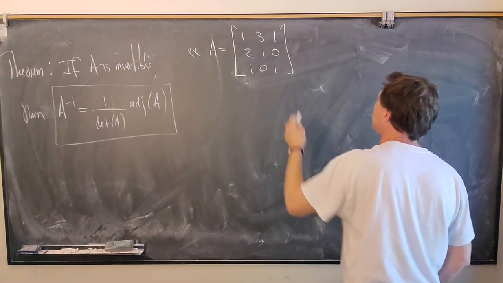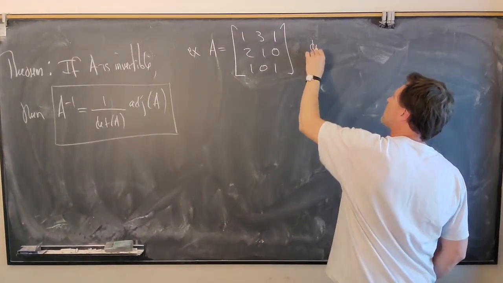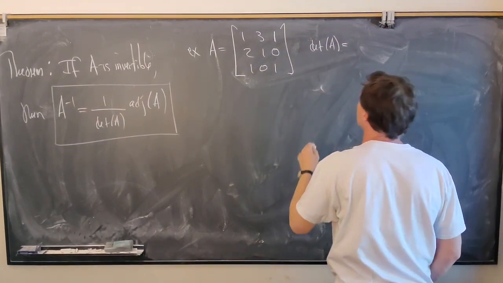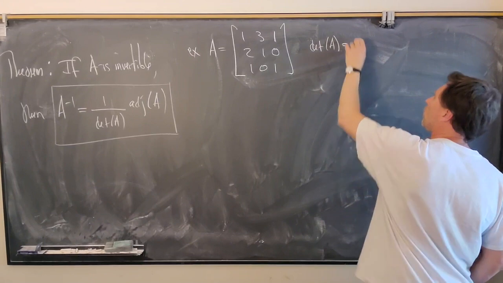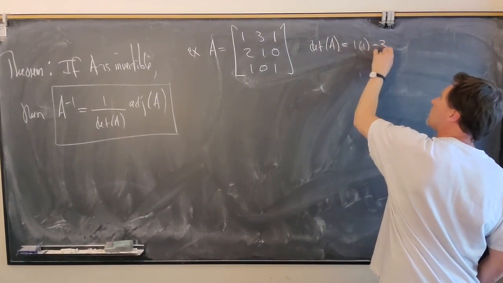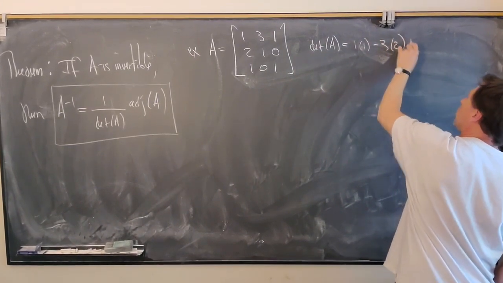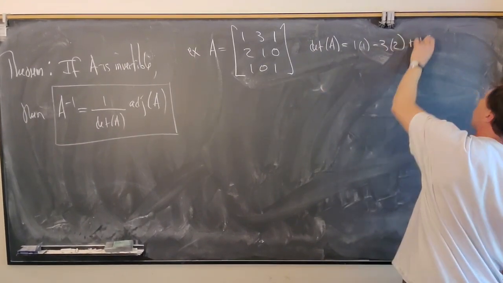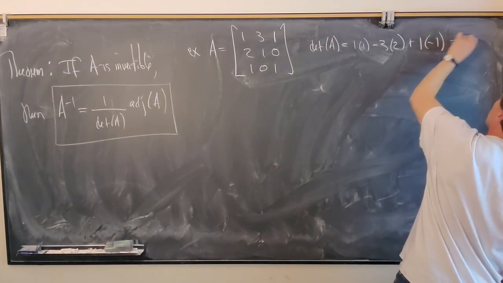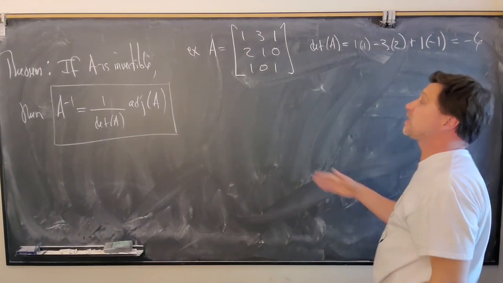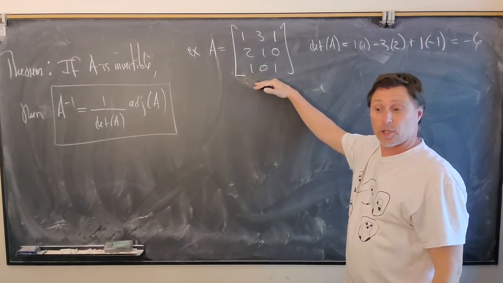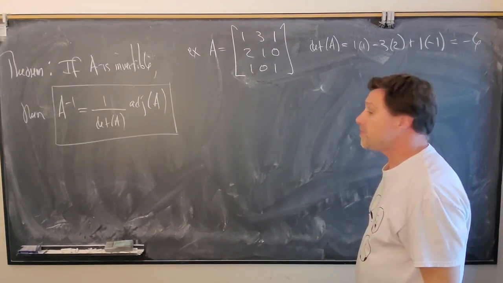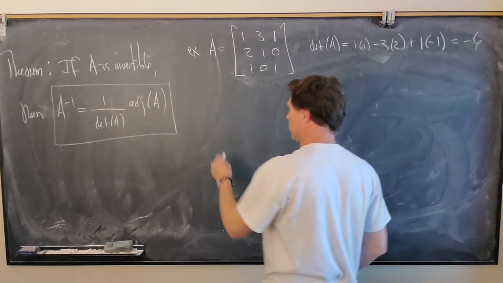First thing we need is the determinant of A. So the determinant of A is equal to, let's see, 1 times 1 minus 3 times 2 plus 1 times negative 1. So that gives us negative 6. Since the determinant of A is not equal to 0, we know that A is invertible, so this process is going to work. Next, I need to write down all of the cofactors.